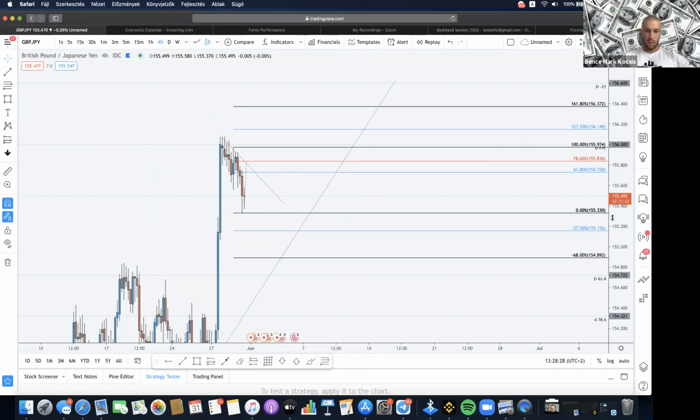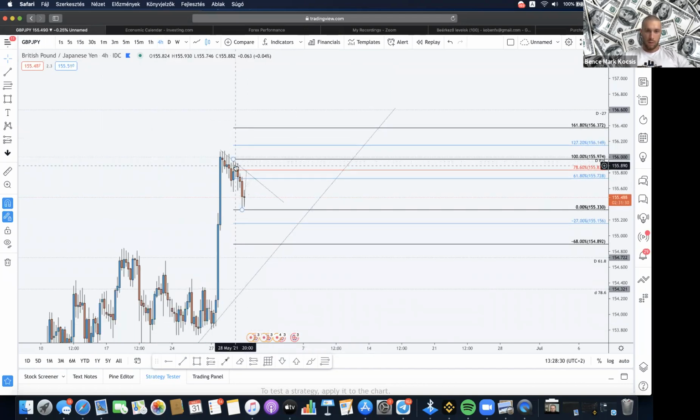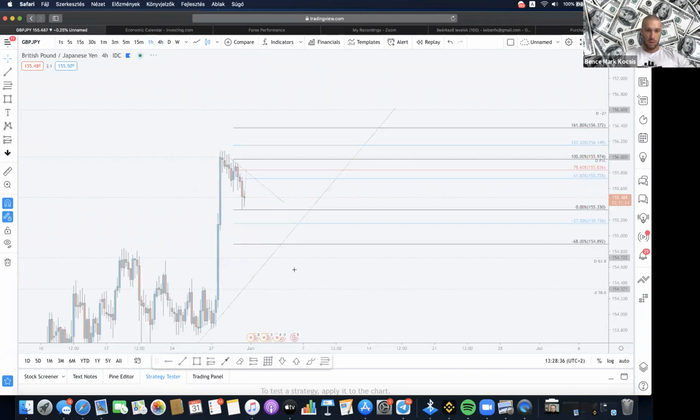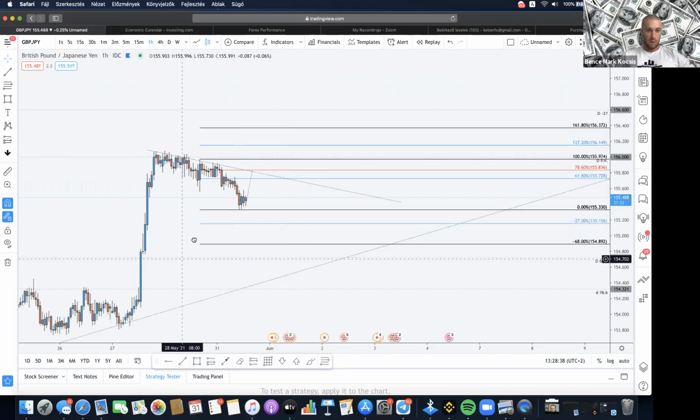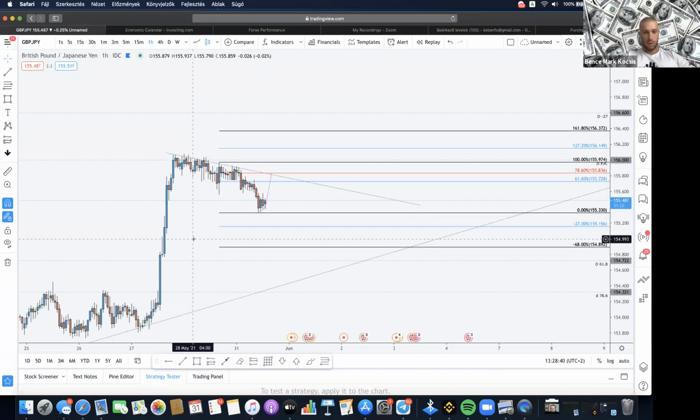I'm going back to the 4 hour, and the 4 hour break of structure has happened. After it makes the pullback, we can look to take a long, and we need to wait for the confirmation entry on the lower time frame. So those are the two scenarios I have at the moment.